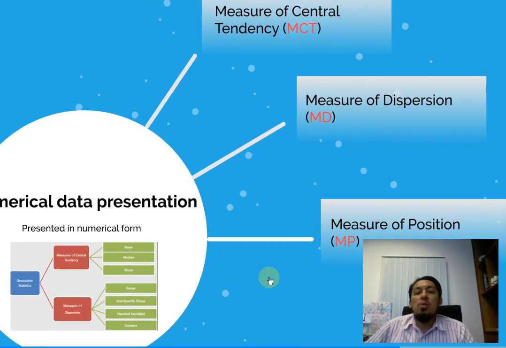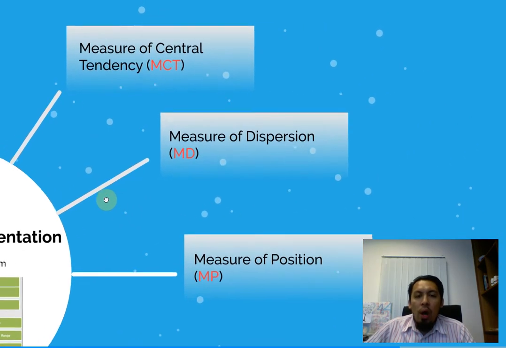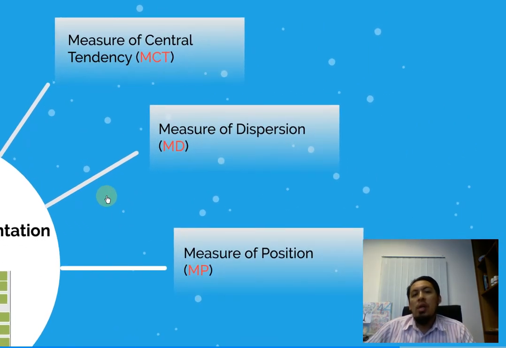Basically, why do we have these three kinds of measures when we want to represent our data in the form of numbers? All of these three groups represent different information about that particular data.